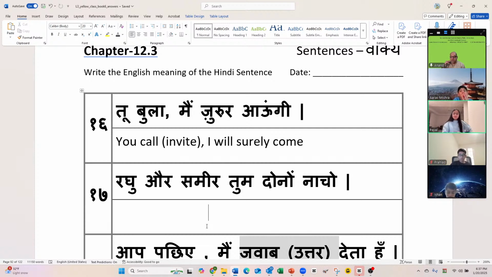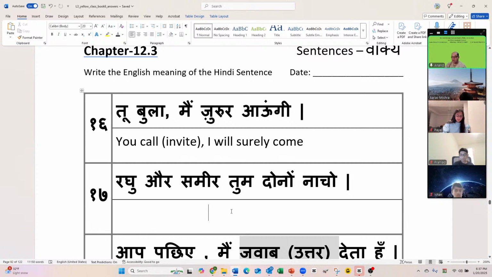So Prahlad is speaking to me. Think again. How would it be said? आप बुलाइए, and then मैं जरूर आऊंगा. Yeah, मैं जरूर आऊंगा because Prahlad is a boy. He has to say मैं जरूर आऊंगा. Okay, it was a girl. मैं जरूर आऊंगी. Okay, good.